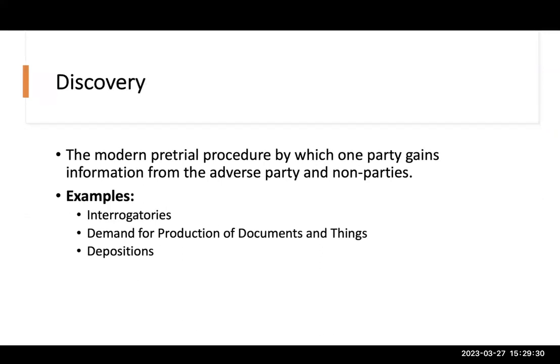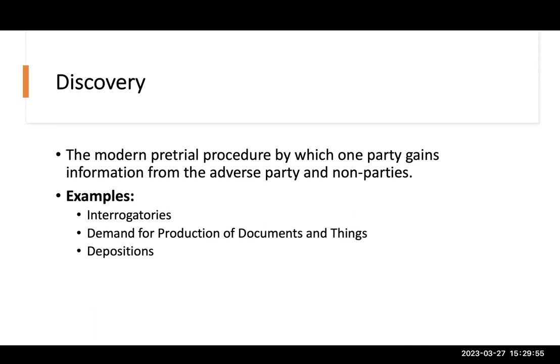Through the litigation process, the parties have an opportunity to discover facts in possession of the other side, along with non-parties to the lawsuit. We call this discovery. The most common forms of discovery are written interrogatories, which are questions that are submitted from one party to another.